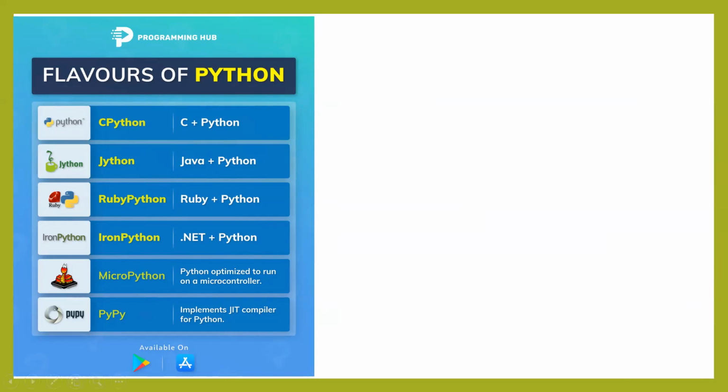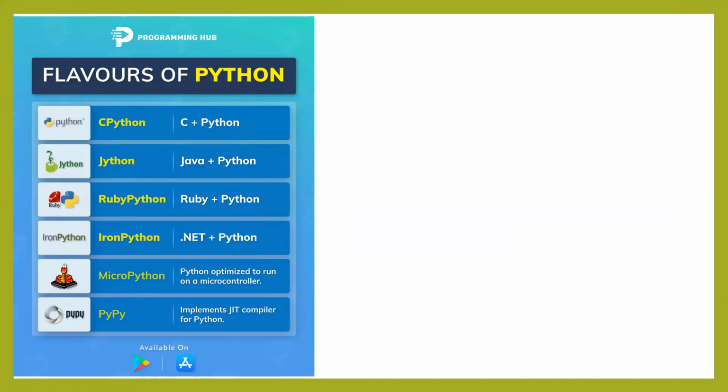But here we can see different flavors of Python. If I want to interface a C program with Python, you can use CPython. Java plus Python is Jython. Code in the Ruby language can be interfaced with Python through Ruby Python. And IronPython is for .NET applications.